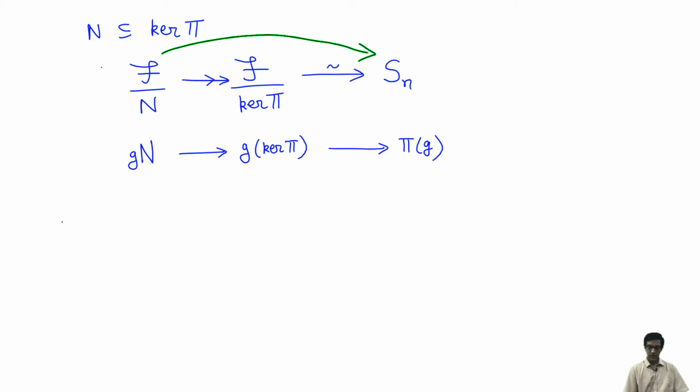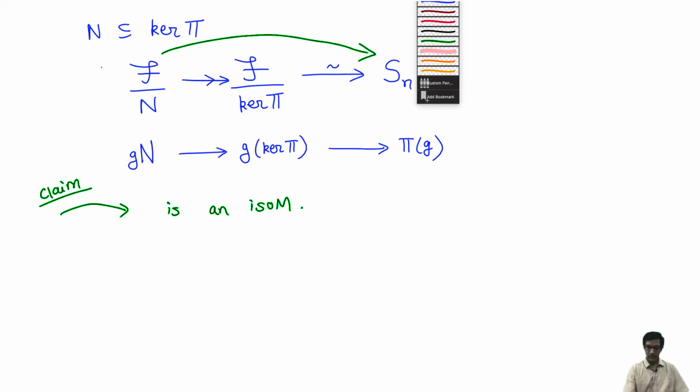So if we can take this composition here and show that this composite map is an isomorphism, then we are done. Okay, so that's what we still have to prove. We need to prove that this green arrow is an isomorphism. That's the claim. The proof is still indirect like before: we show that F by N has at most the number of elements in Sn.